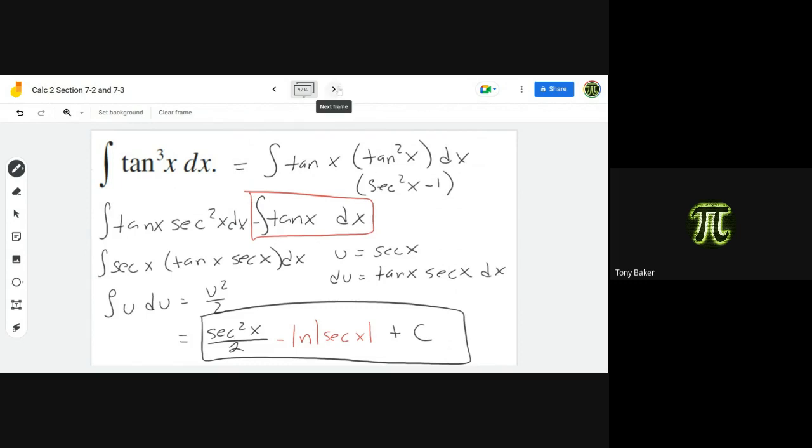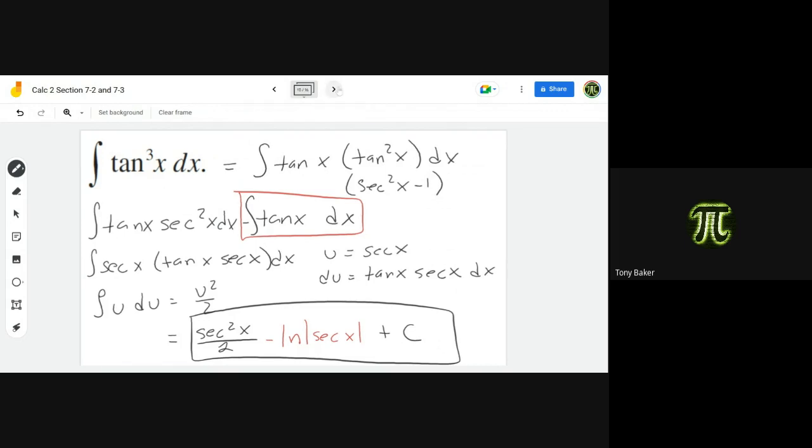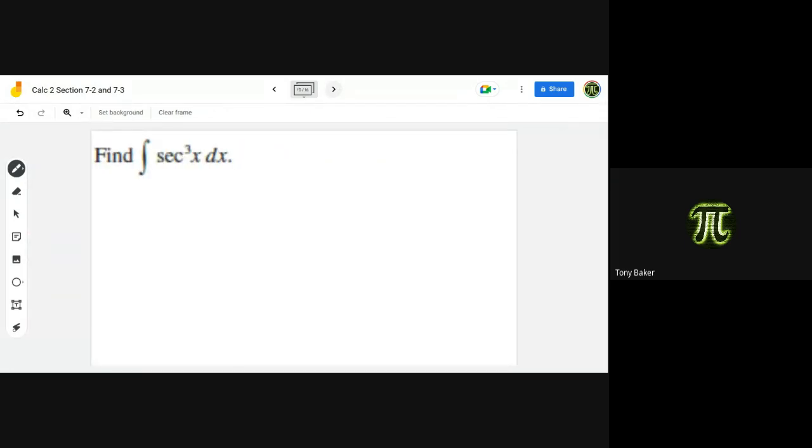Secant is 1 over cosine of pi over 4. Cosine of pi over 4 is square root of 2 over 2, so secant of pi over 4 is the inverse of that, which would be just square root of 2 actually.